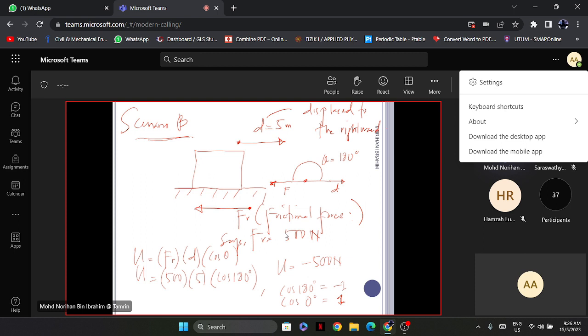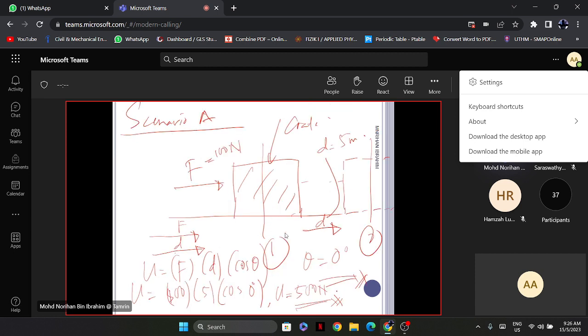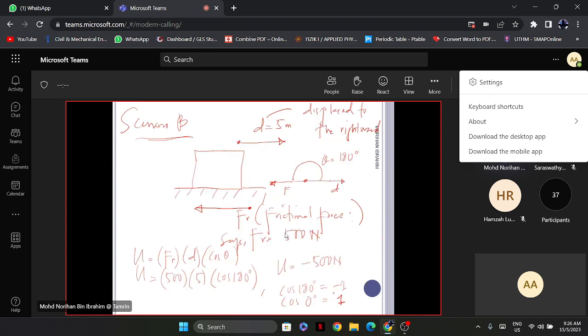So, sorry, this one is not Newton. Ni pun salah ni. U bukan 500 Newton. Newton meter, sorry for that. Unit dia adalah Newton meter.